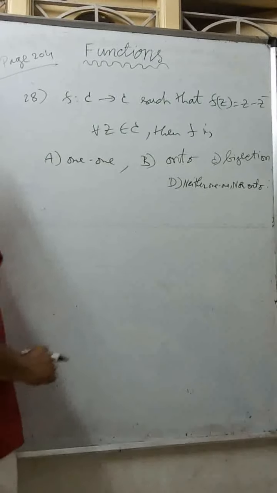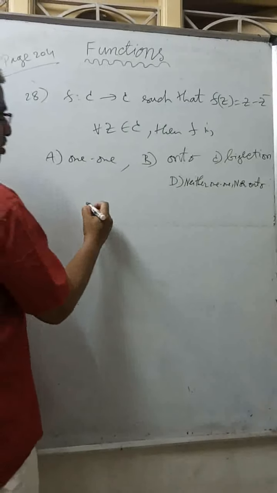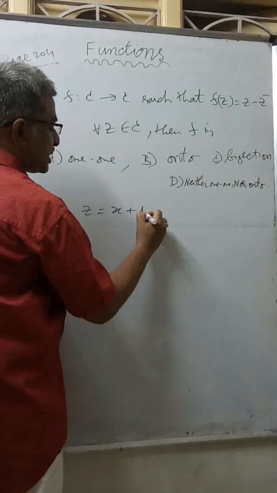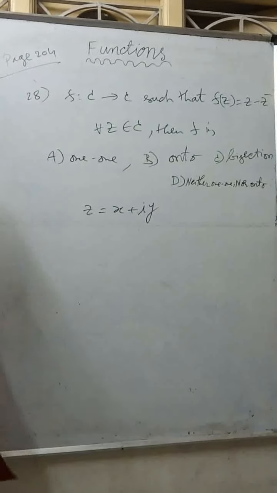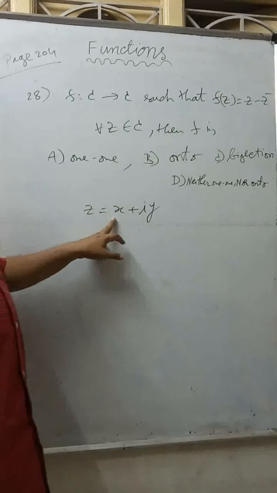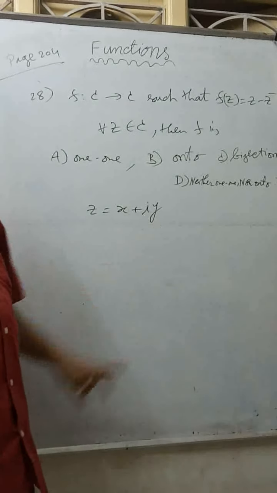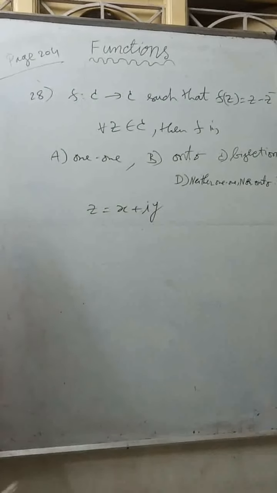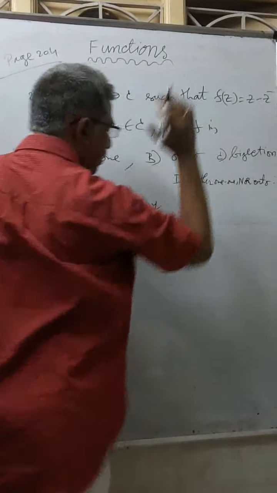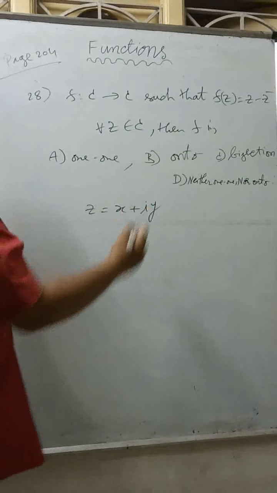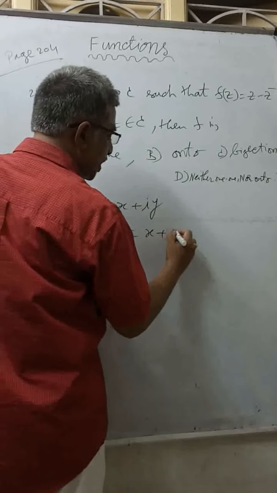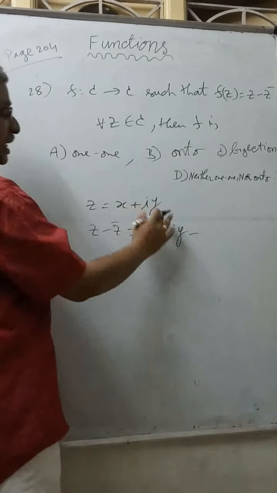What is a complex number? We already discussed it. A complex number is of the form z equal to x plus iy, where x is the real part and y is the imaginary part. So f of z equal to z minus z bar: z is x plus iy, minus z bar which is x minus iy.